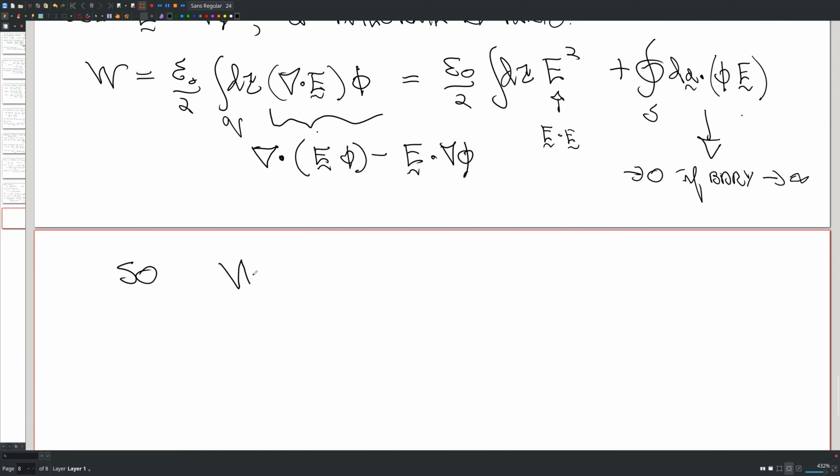So the energy content of an electrostatic field is given by the integral over the volume where these fields live of E squared. Okay, and this is again a superbly useful result.